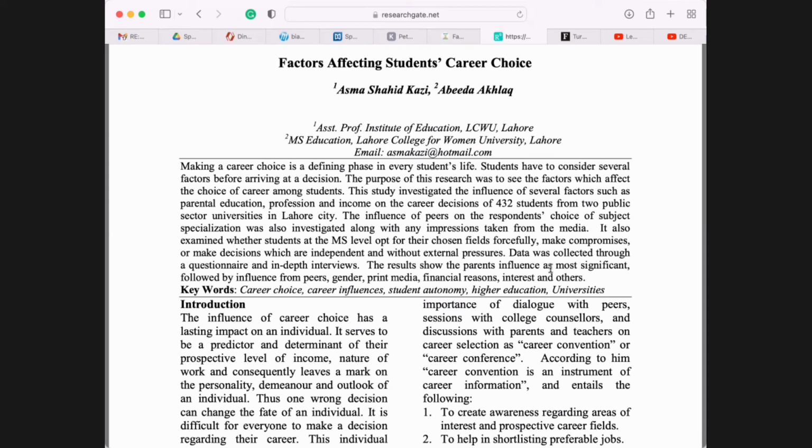So read this abstract, please, and say whether this article will be useful for you or not. One minute to read.